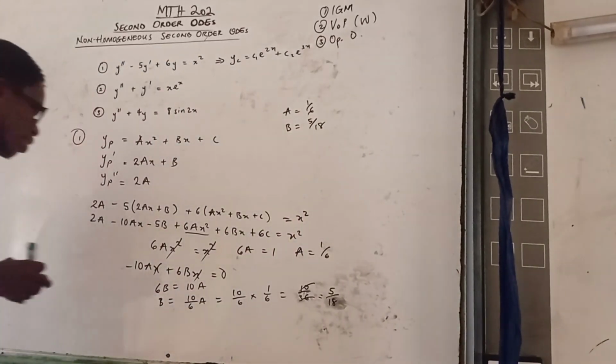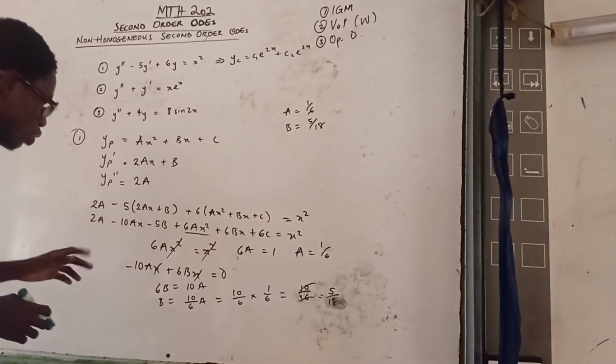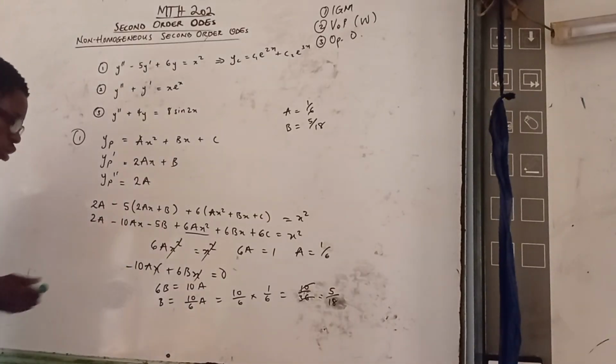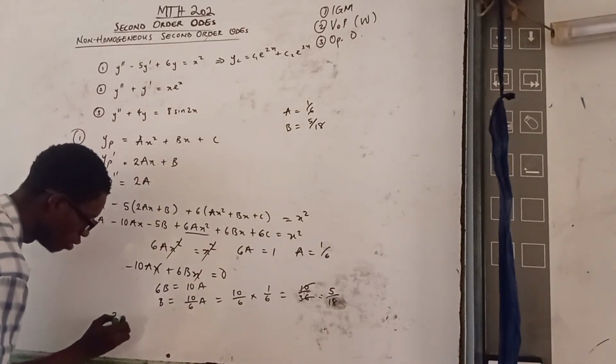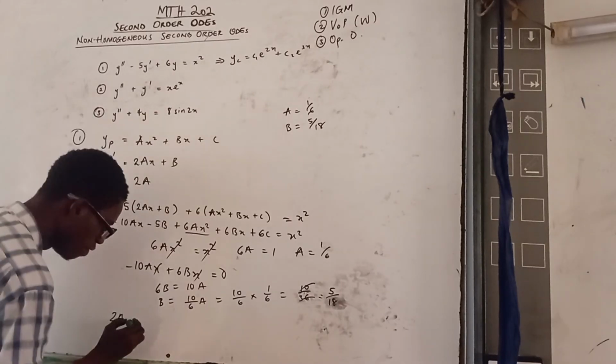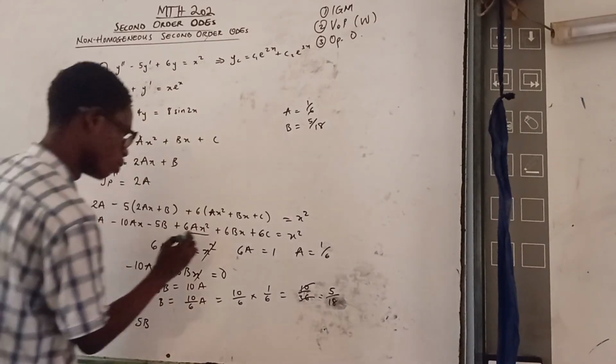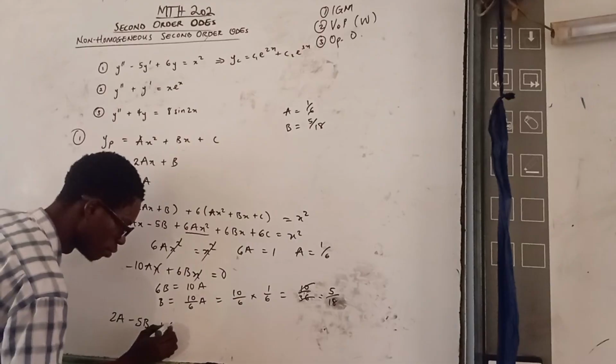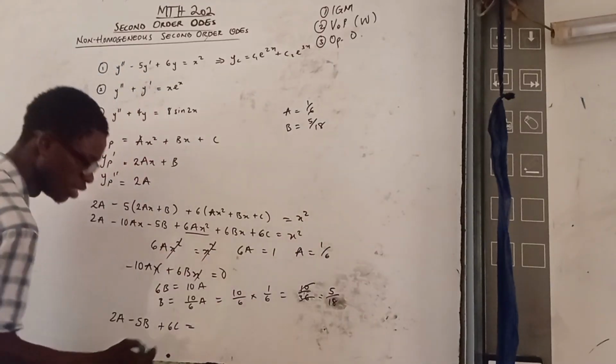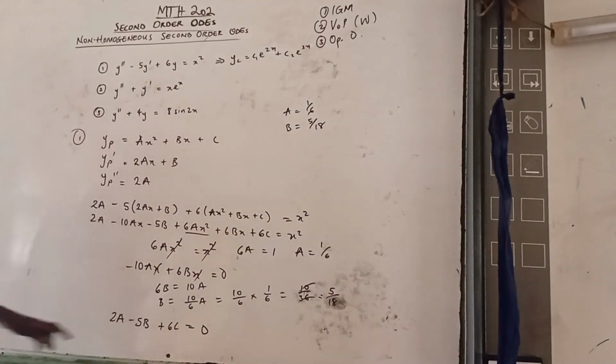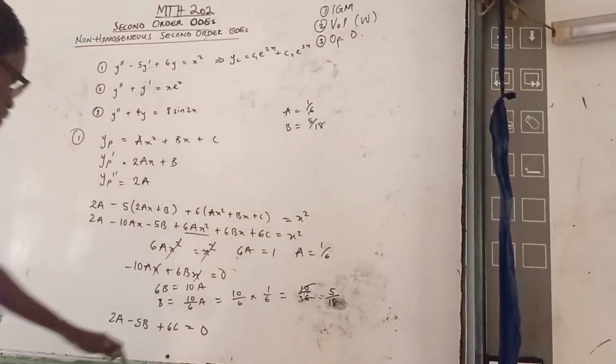So what do we do next? We have done the ones that have x. Now the ones that do not have any x, which are the constant terms, we have 2a minus 5b plus 6c equals, there's no constant on the right, which means it's also equal to 0. So we have our a, we have our b, so we just input them.